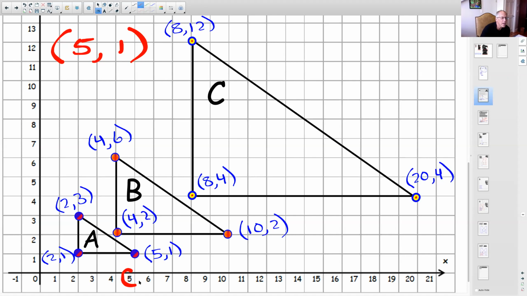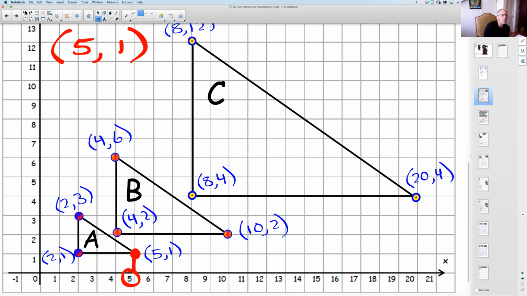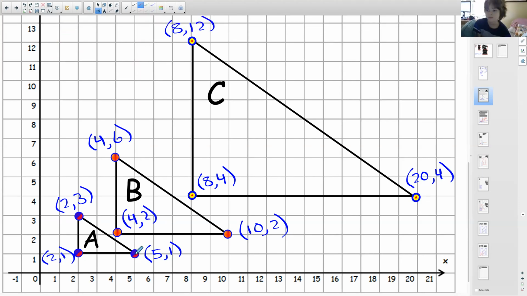We go to elevator number 5, and then we hit the button, floor number 1, up, up, up, up, up, right to here. We just went from 5, 1, and we're going to have to dilate it by a scale factor of 2.